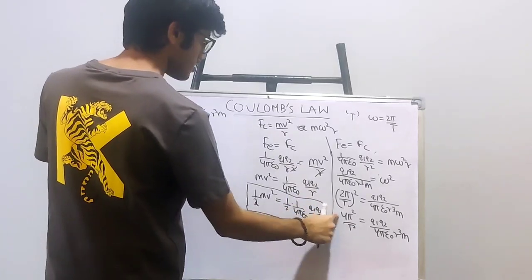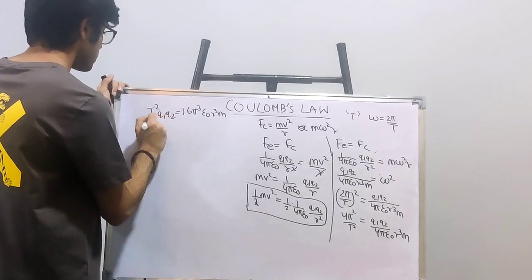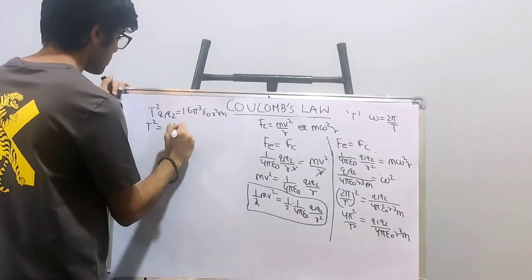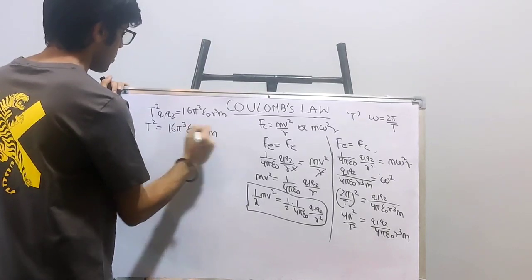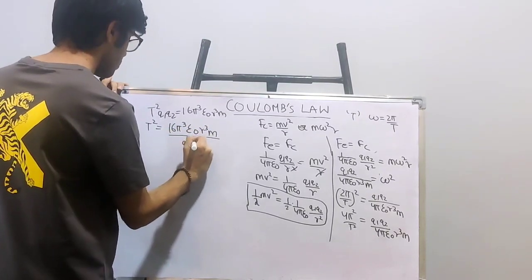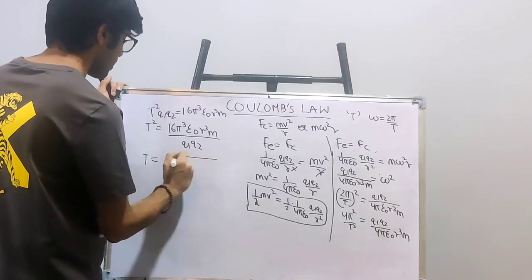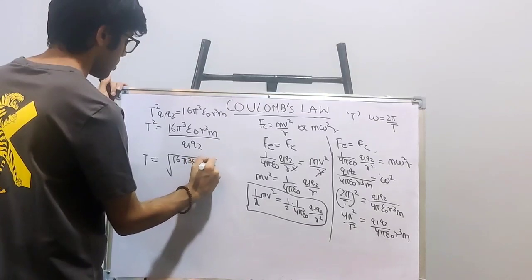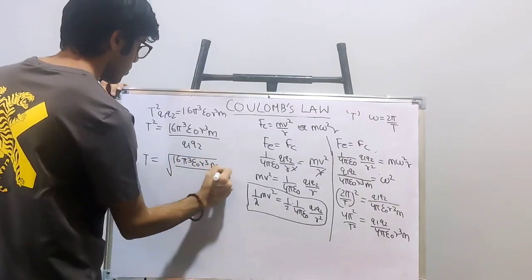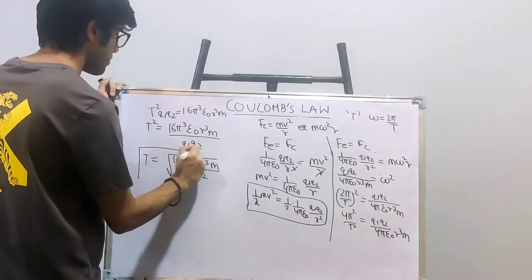I'm just rechecking. 16 pi cube epsilon naught r cube m, right? So T square is 16 pi cube epsilon naught r cube m upon q1 q2. Take the square root, so T is the square root of 16 pi cube epsilon naught r cube m over q1 q2. So this is the time period.